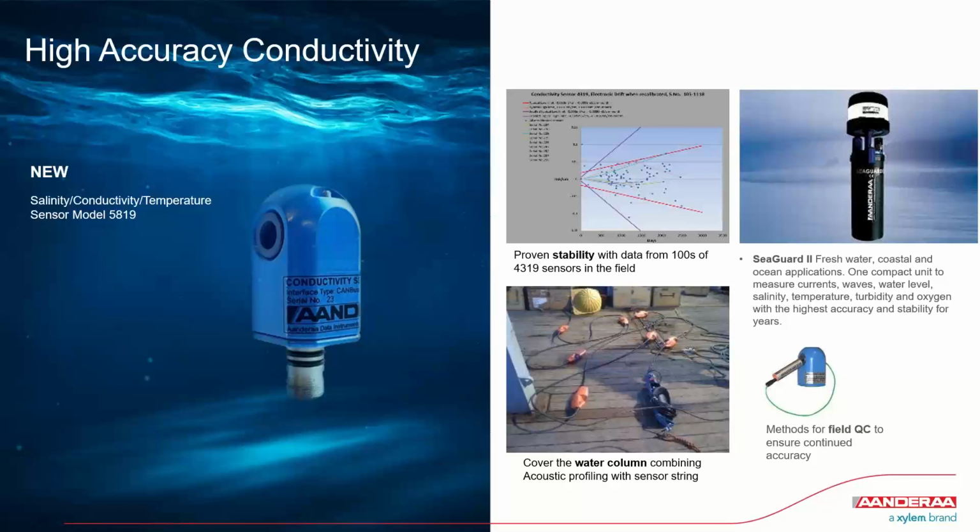That combination is something that we definitely see a lot of benefit of, and that our customers are using. So this is now making it possible to do even more high accuracy studies using the CGuard 2 platform that's already in existence. And then, of course, the CGuard can accept long strings, so you can string these sensors in the water column. Why don't you say a little bit about that? You use that a lot in Sweden, I know, Anders.